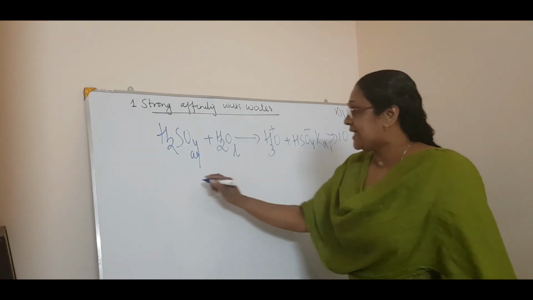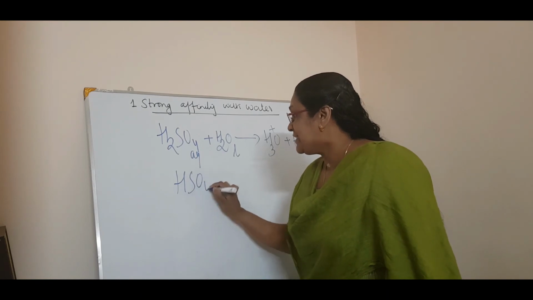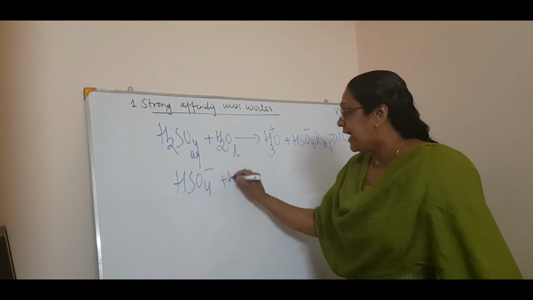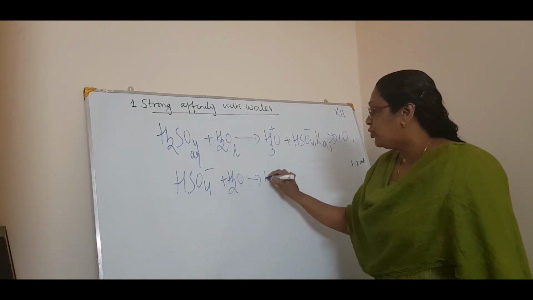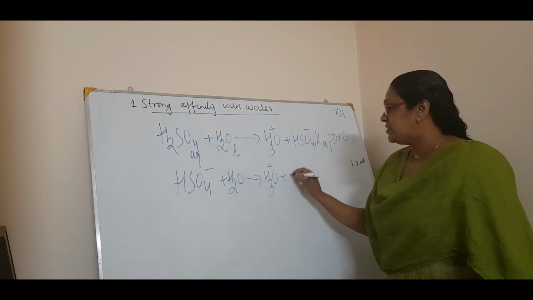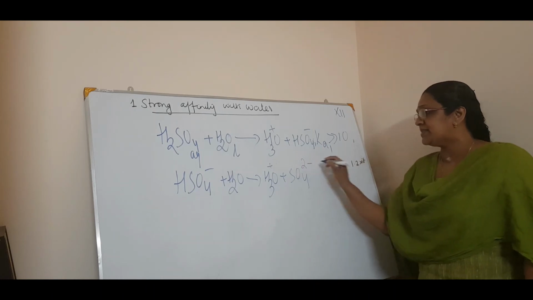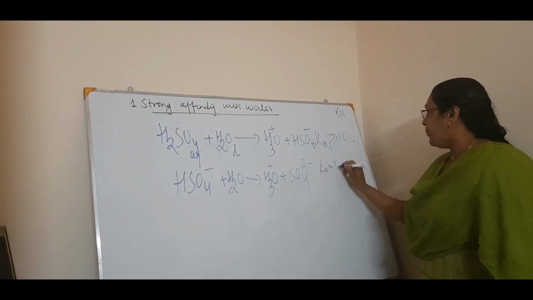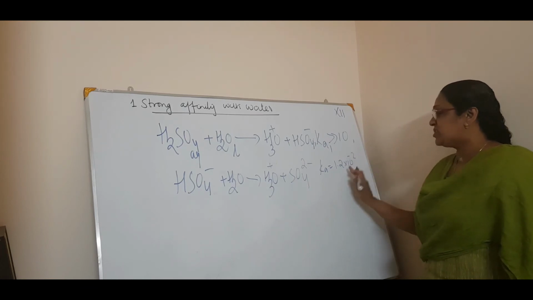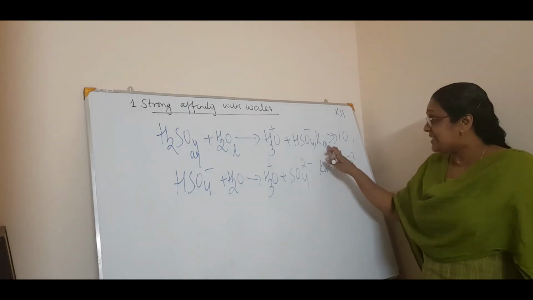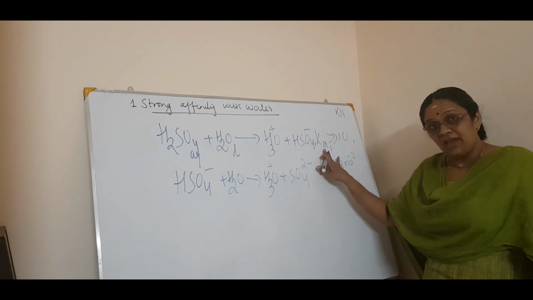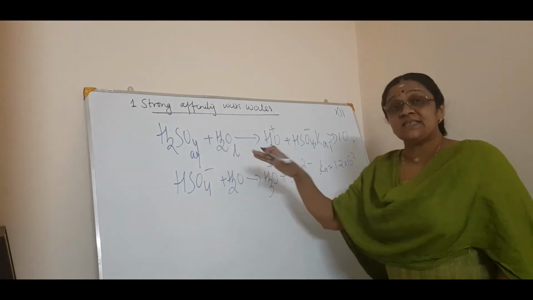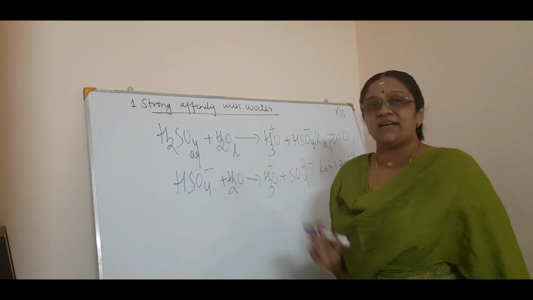Clear? And in the second step, what will it do? The HSO4- again combines with water to form what? H3O+ plus SO4 2-. See? And the Ka value is 1.2 into 10 raised to minus 2. Very small. But since the first Ka is very high, it can easily liberate the hydrogen ion.